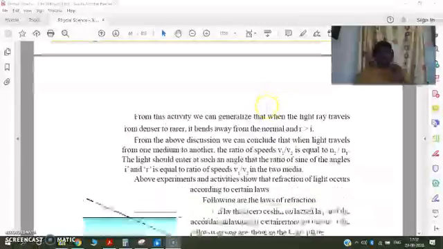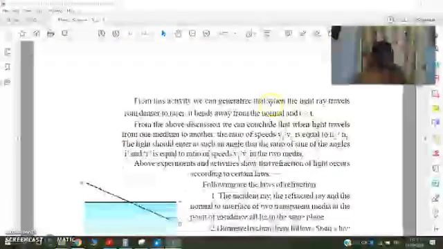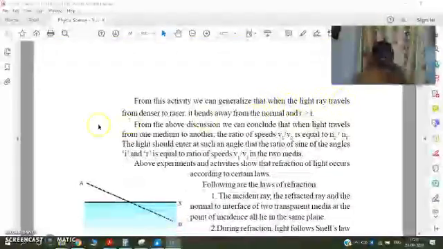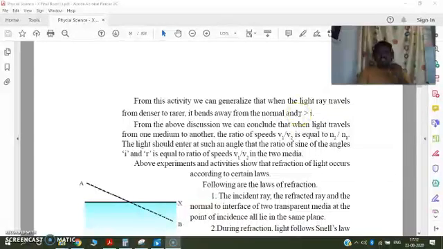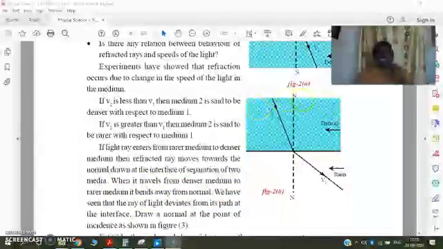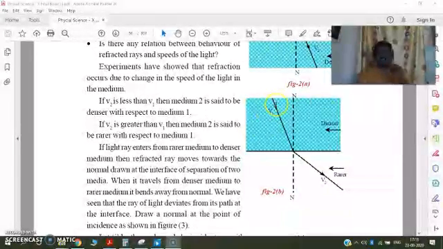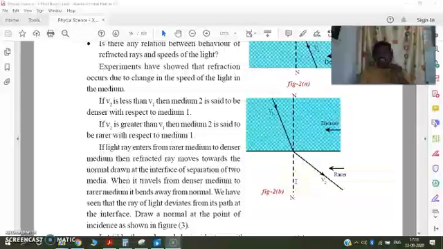So on page number 51, when the light ray travels from denser medium to rarer medium, it bends away from the normal, and angle r is always greater than angle i. Like on page number 46, figure 2b activity, where the ray travels from denser medium to rarer medium, so the refracted ray goes, sorry, away from the normal.